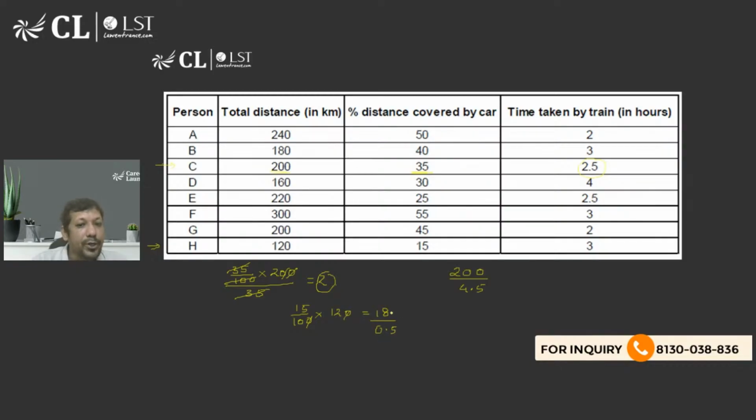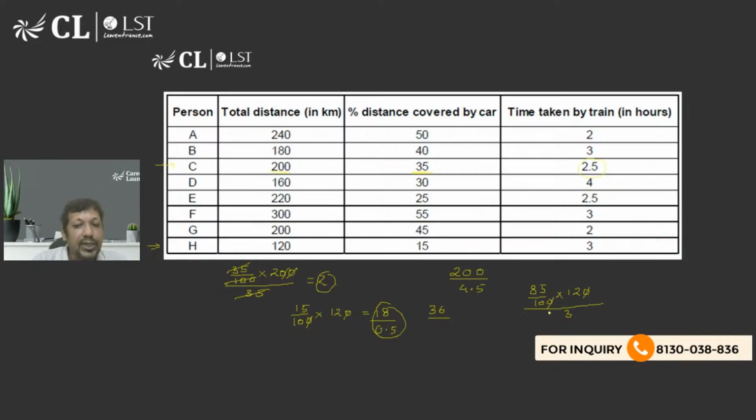So what is the speed of car for H? That's going to be 36. Now the remaining 85%. Remaining 85% means 85% of 120, and that is the total distance traveled by train. Divide by 3.